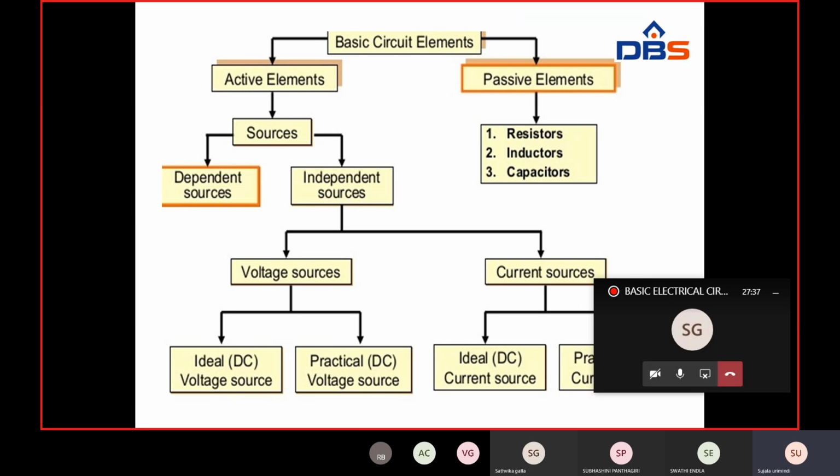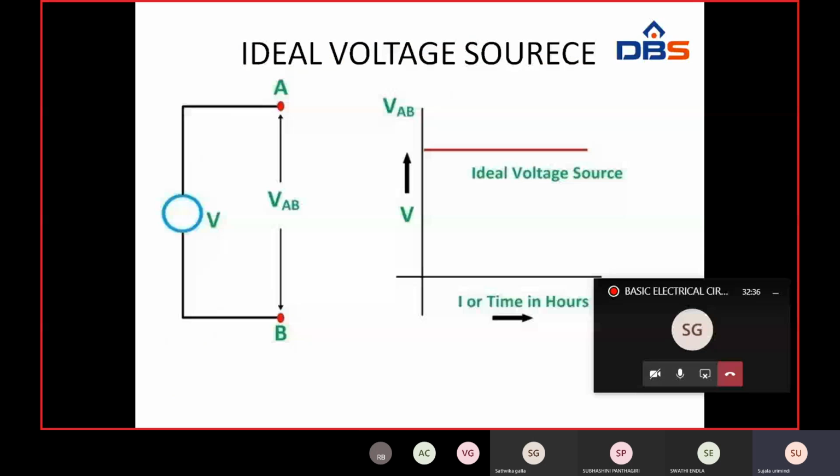So this is about the practical voltage source. In the last figure there is no resistance, but in a voltage source there is an internal resistance, which is in series. In the ideal figure there is no resistance because I have neglected that part, so the voltage is maintained constant.